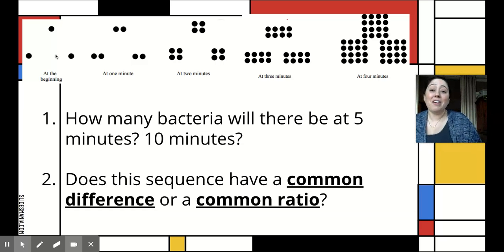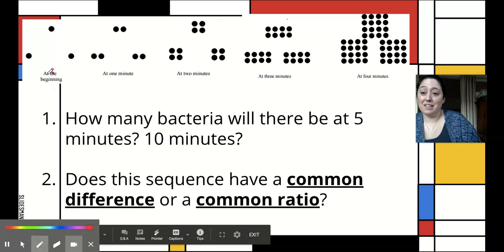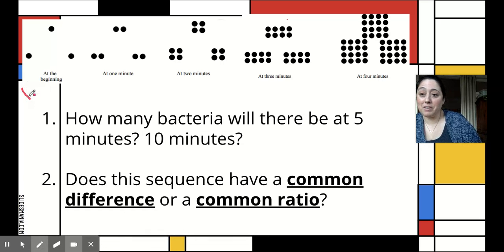So at the very beginning of this, let's make a little table to the side here. I'm saying my X and my Y. Remember, the X value is always those natural numbers, and it is the first term, second term, third term. In this particular case, they say at the beginning.